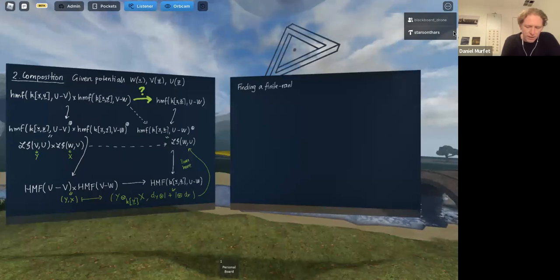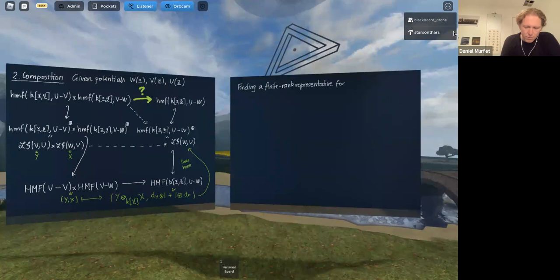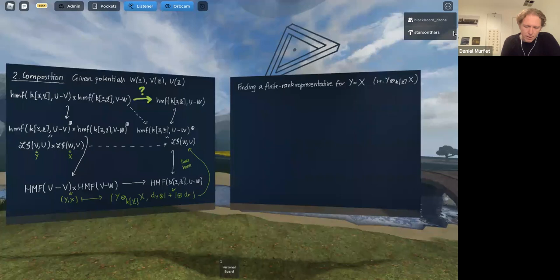That is, finding a finite rank representative for the composition in the bicategory, which is this tensor product. So here's what you'd have to do. You can write down the tensor product. So here's a matrix of polynomials with x, y, and z in it. You have to invert the following equivalence.